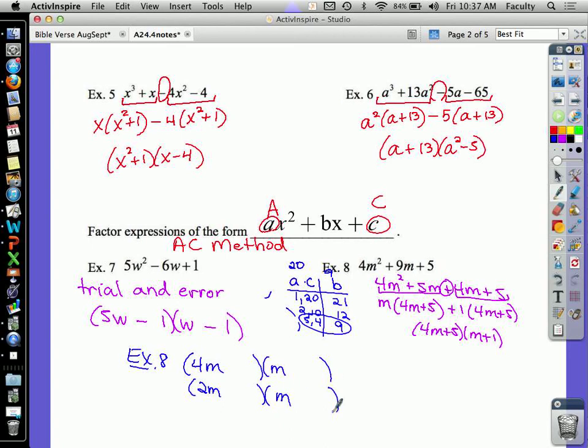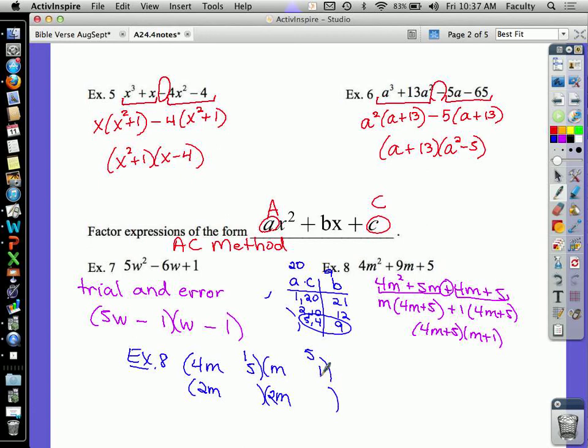To get 4m squared, that's either 4m times m or 2m times 2m. Okay, so then I have two ways to get my 5. I either make it 5 times 1 or 1 times 5. But you have to try both of them.